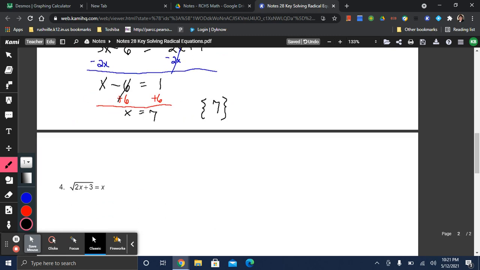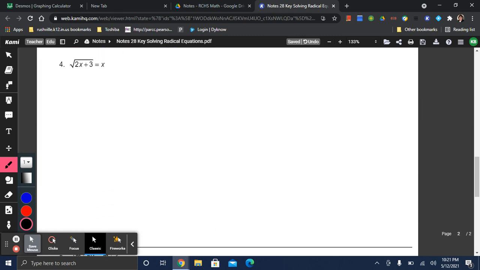All right, if you'll turn your papers over, we've got another problem with the square root of 2x plus 3 equaling x. So we've got the square root by itself. We're going to raise each side to the second power.